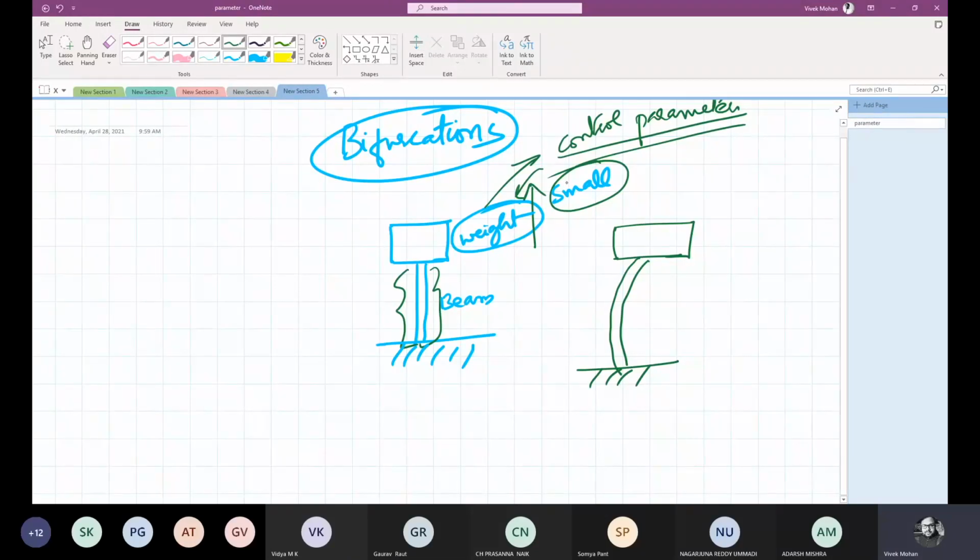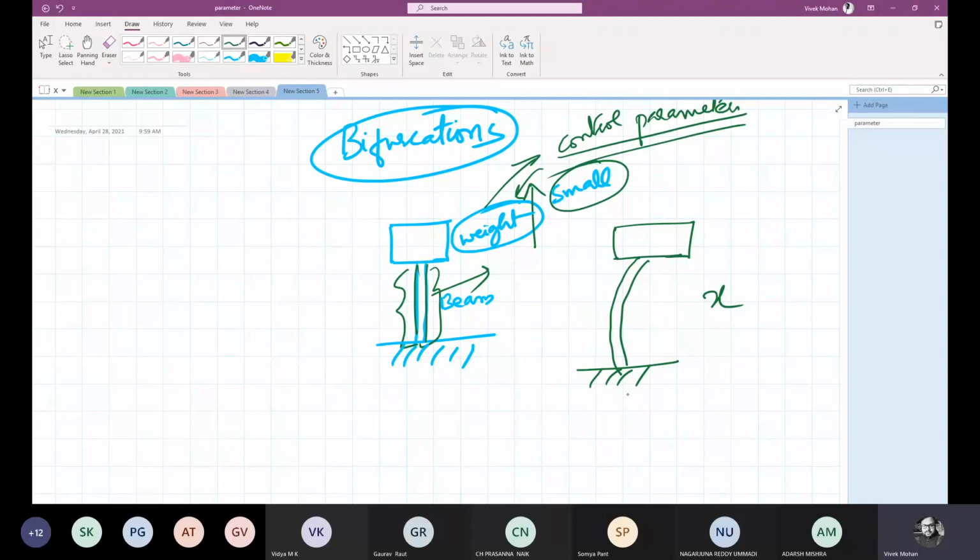The deflection of the beam from the vertical position plays the role of the dynamic variable x. So load is the control parameter. When it is increased, it deflects, and it buckles. In general, this is one example of bifurcation.